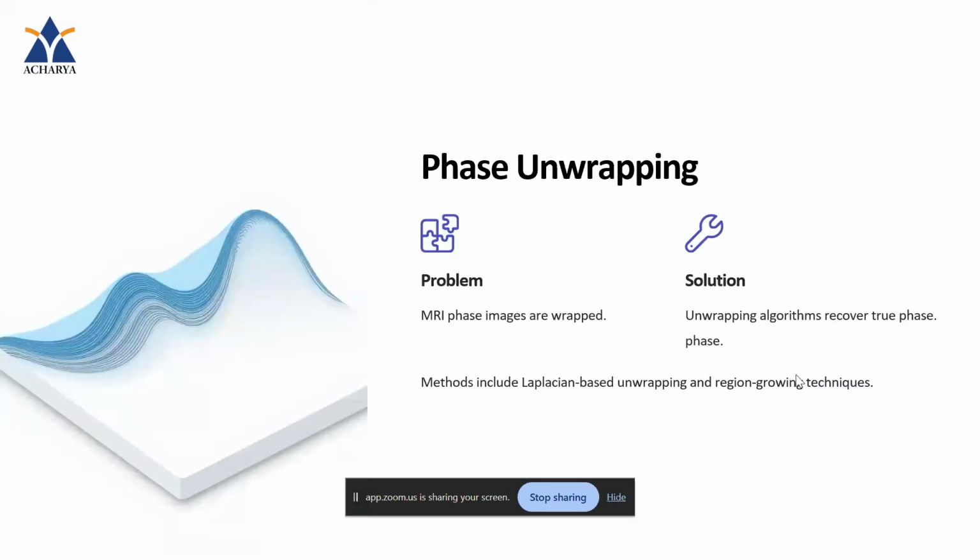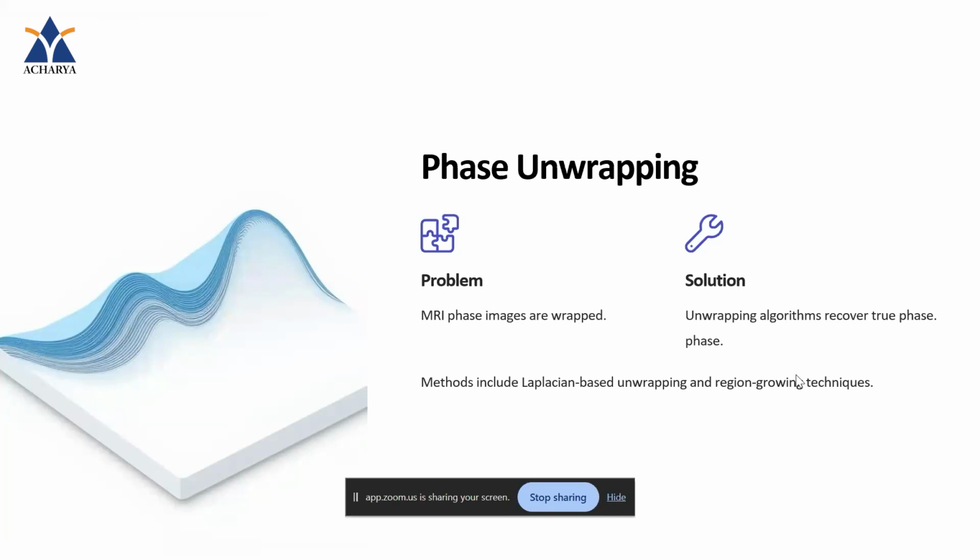Moving on to phase unwrapping. When you acquire MRI phase images, those images are inherently wrapped.